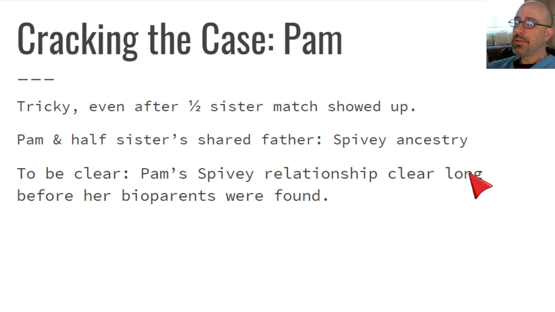This was tricky, even after she found her half-sister, but ultimately we found shared Spivey ancestry through their shared Spivey father. So it was very, very clear, even before we made the final confirmation, that this was a Spivey case.